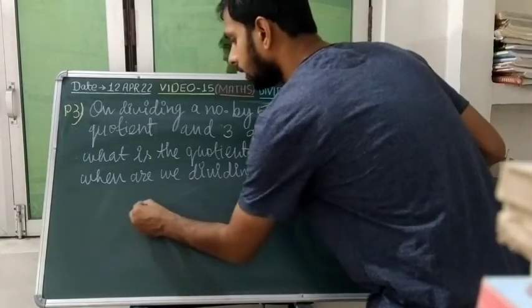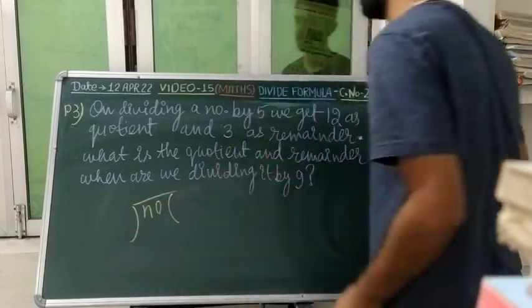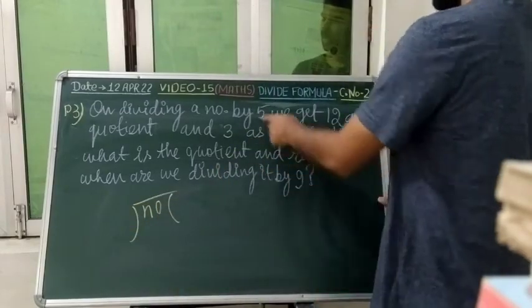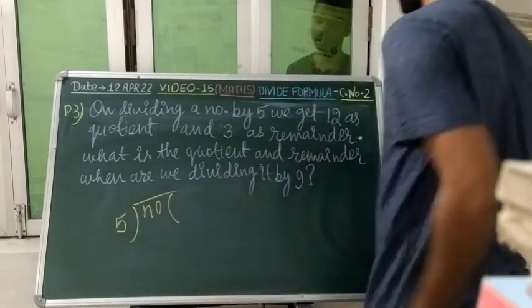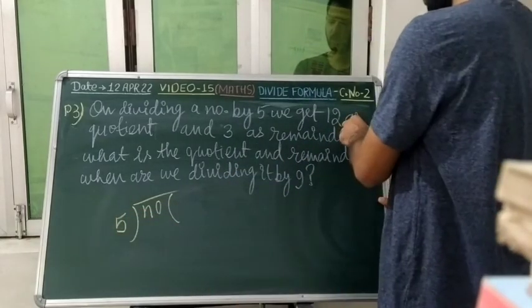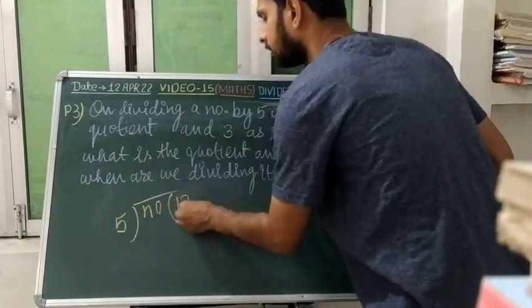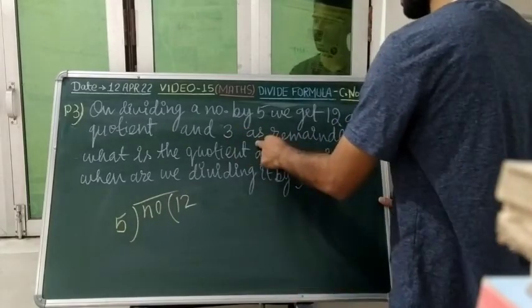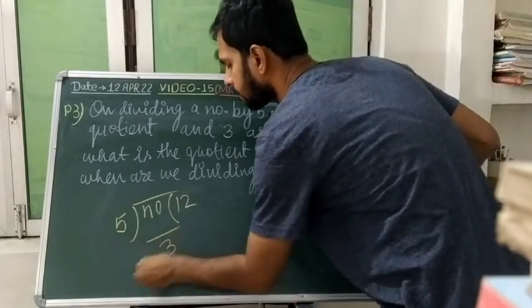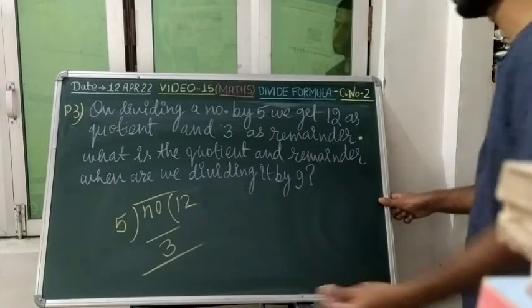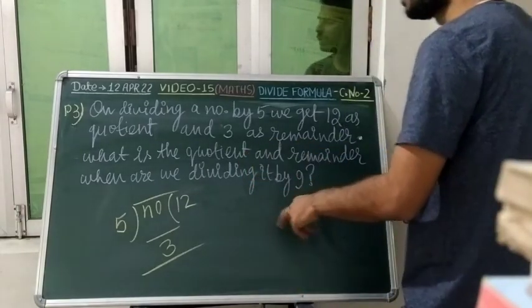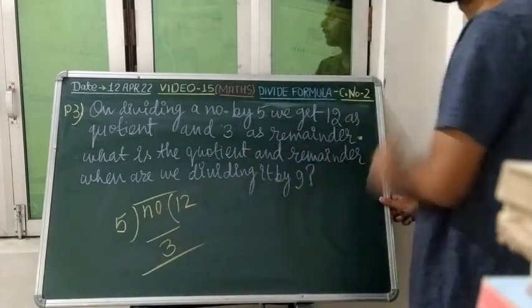We are dividing a number by 5 and getting 12 as quotient and 3 as remainder. So what is the quotient and remainder when this number will be divided by 9?